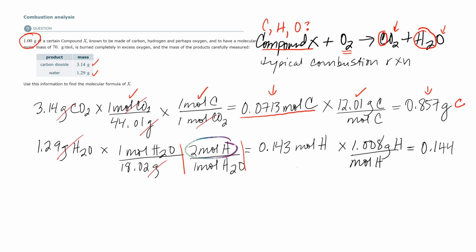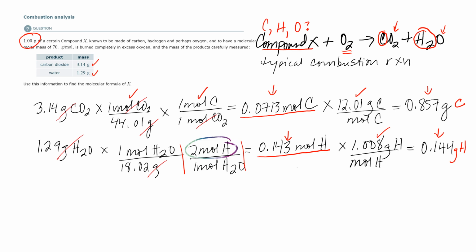So this gives us that there are 0.143 moles of hydrogen in 1.29 grams of H2O. When we multiply by the molar mass of hydrogen, we get 0.144 grams of hydrogen. Again, we're going to need the moles and the grams before we're done.